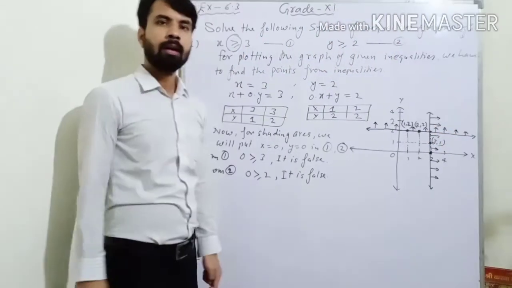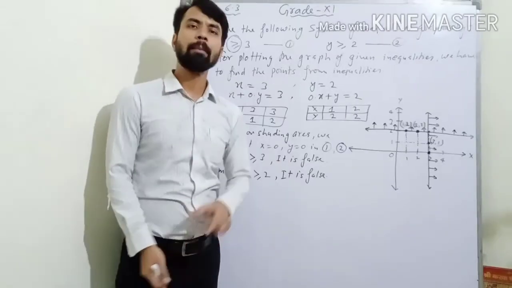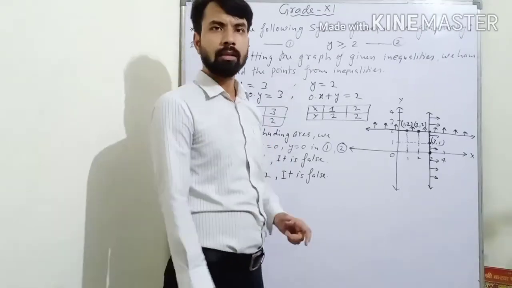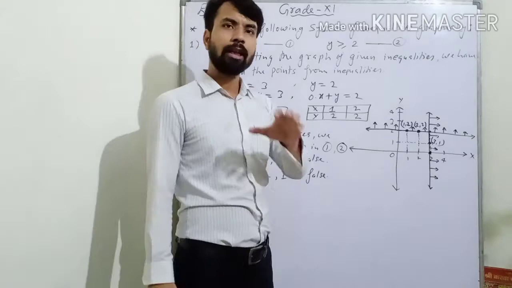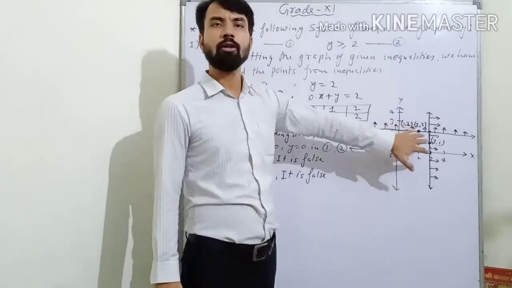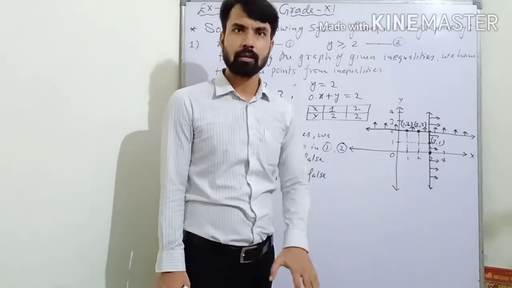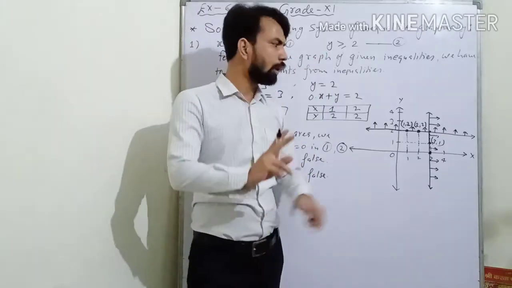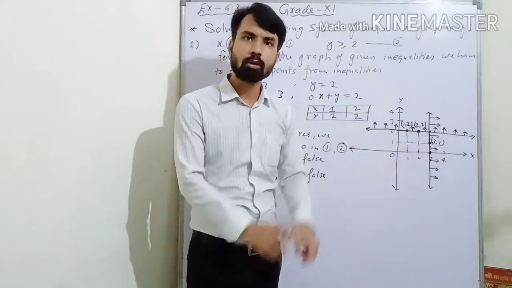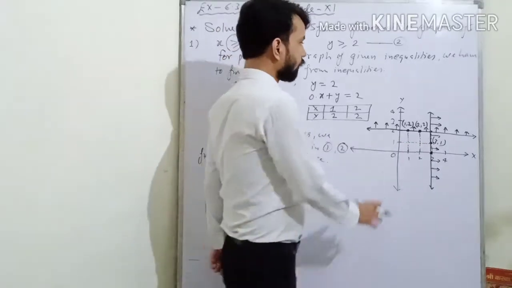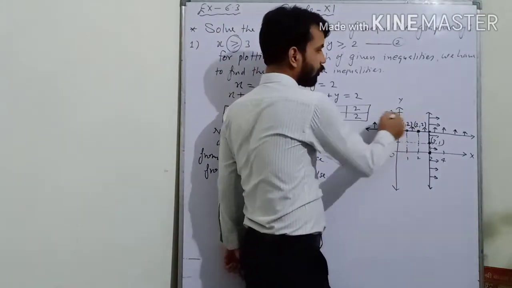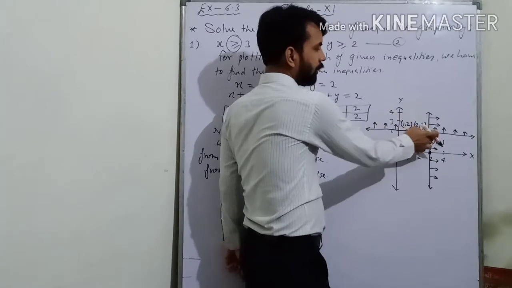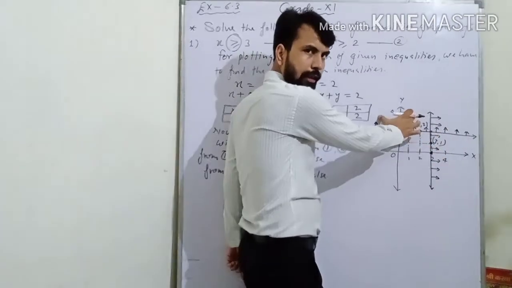Clear? Now beta, we have to identify that region in which the shaded portion for both the inequalities will be present. हमने वो region find करना है जहां पर दोनों lines के shaded region मौजूद होंगे. तो देखो, अगर मैं ये region देखूं, क्योंकि इसे मुझे shade करना था, तो इस region में इस line का shaded region नहीं आएगा.